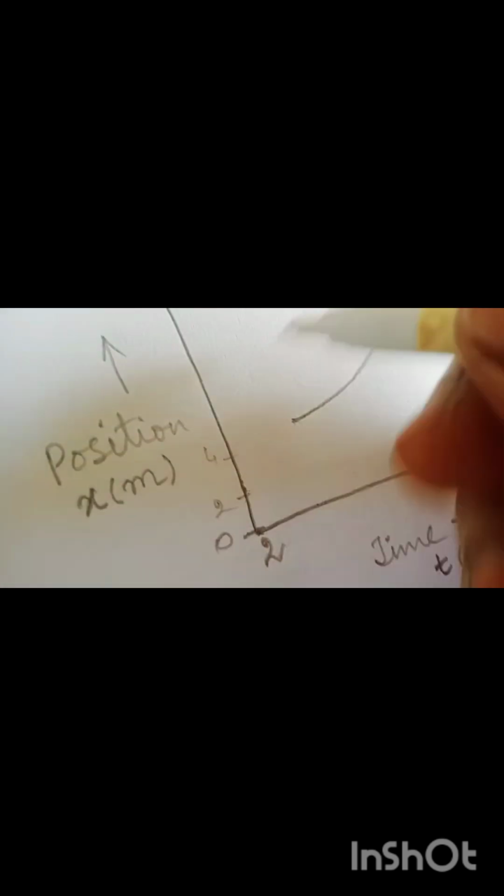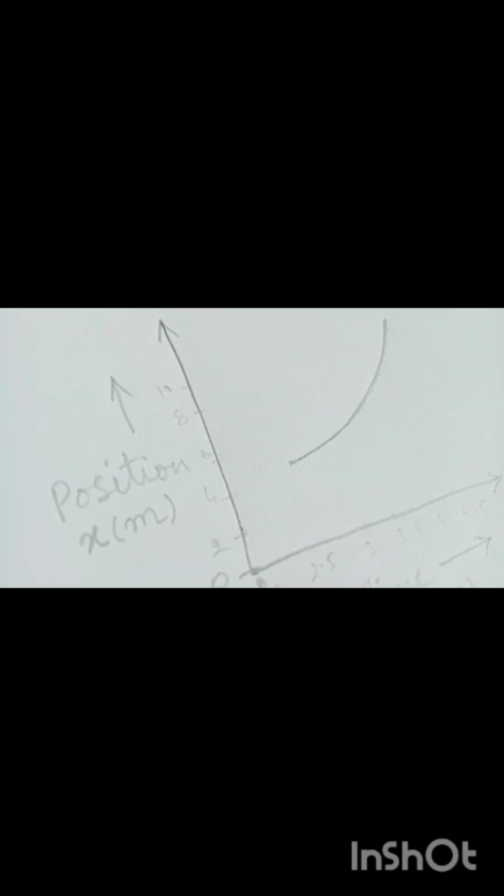So the time axis reads 2, 4, 6, 8, 10 like that, and the position axis reads 2.5, 3, 3.5, 4, 4.5 like that. So this is a time axis and this is a position axis.